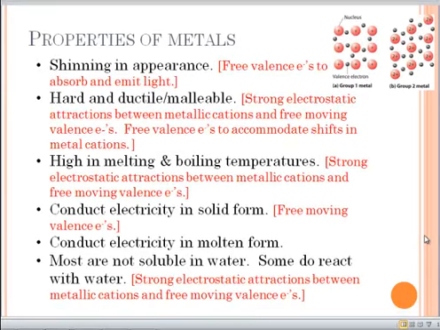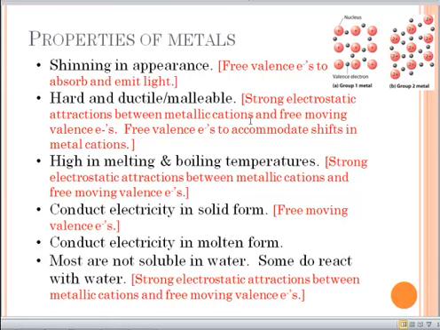And here comes the explanation. Based on this particular model for metals, the shining appearance is explained by the free valence electrons. Hard, ductile and malleable comes from the very strong interaction between the oppositely charged metallic cations and free-moving electrons, and the ability of the free valence electrons to move quickly to accommodate any changes in the repulsive forces between the metallic cations.